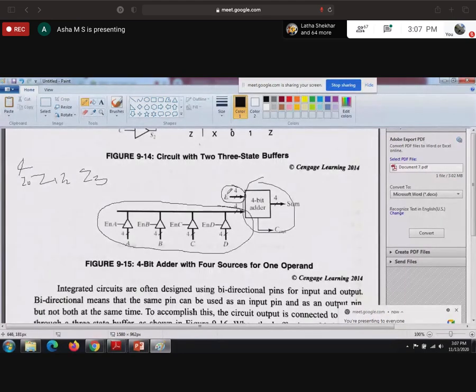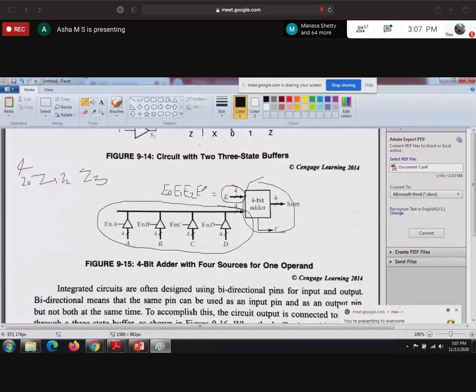For example, the slash of 4 indicates that there are 4 bits under E, which means E0, E1, E2, E3.